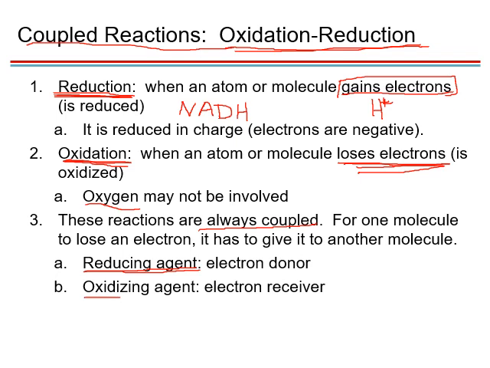And an oxidizing agent is one that receives electrons. So this oxidizing agent actually gets reduced because it is taking on the electrons, but it is oxidizing whatever molecule is giving off the electrons. So these reactions are always coupled.